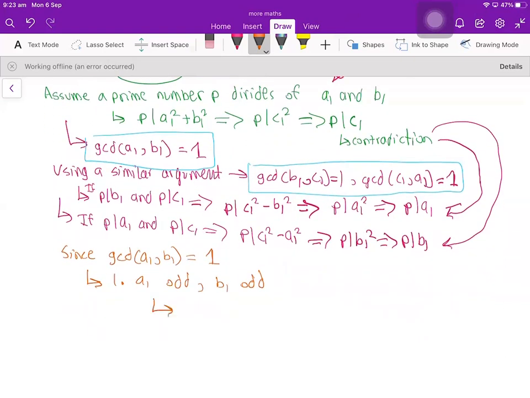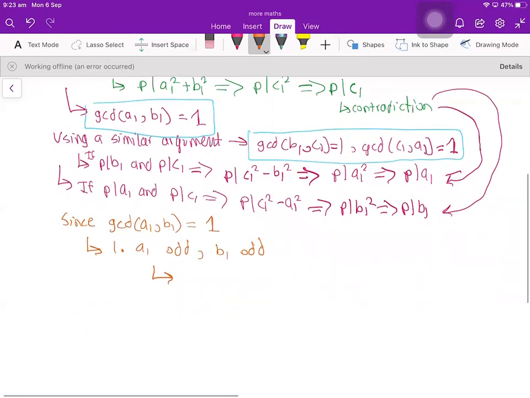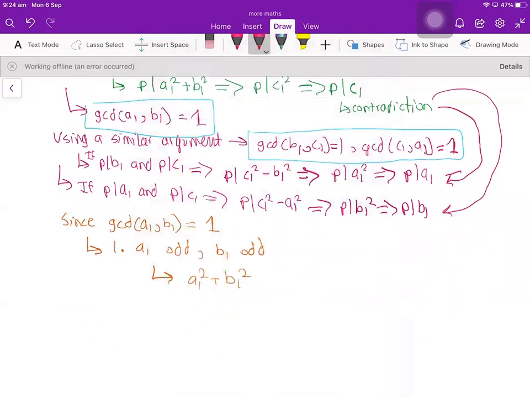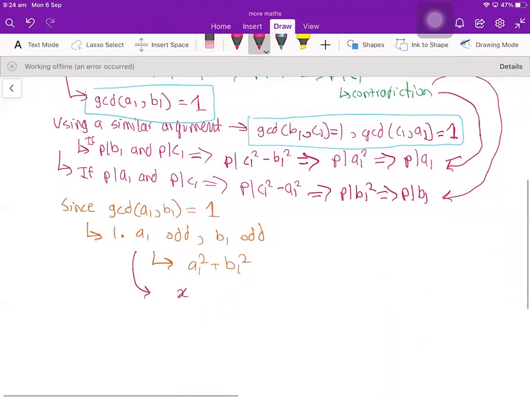Okay, so in this case, what we can see is a1 squared plus b1 squared. Now we can try to analyze this equation in modulo 4, using modular arithmetic. So if we write a table of values of x squared mod 4, we have the following.